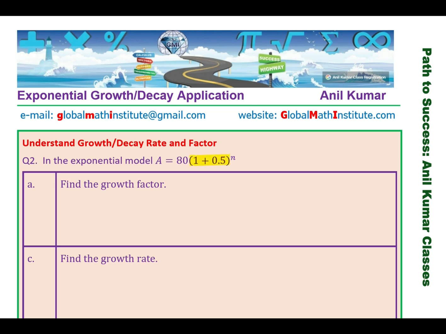So you're multiplying the initial amount 80 by 1 plus 0.5 each time. That is what it means when I write to the power of n. So, clearly, the growth factor here is 1 plus 0.5, which is equal to 1.5. Is that clear to you?